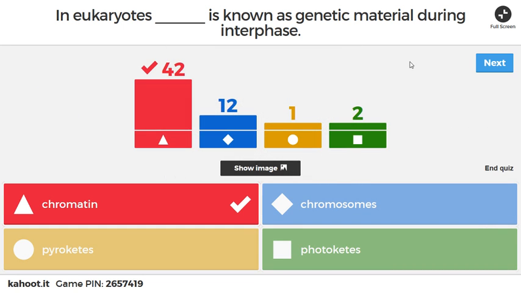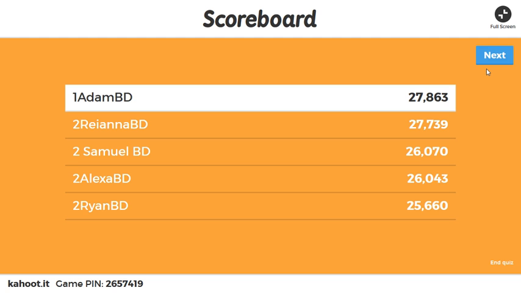All right, and that's going to be chromatin. Chromatin is that tangled mess. Chromosomes are inside our DNA, but the genetic material is known as chromatin during interphase. That is the tangled mess. All right, let's move along.